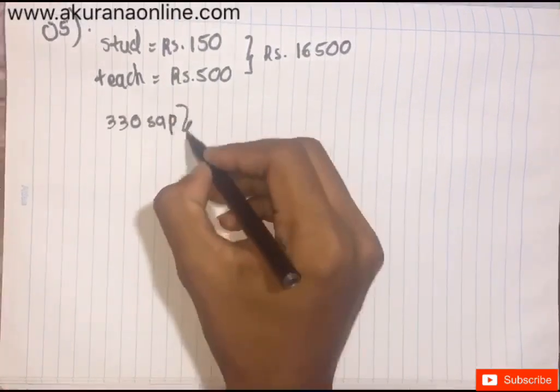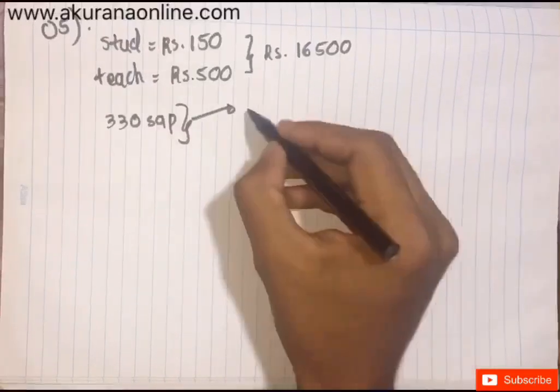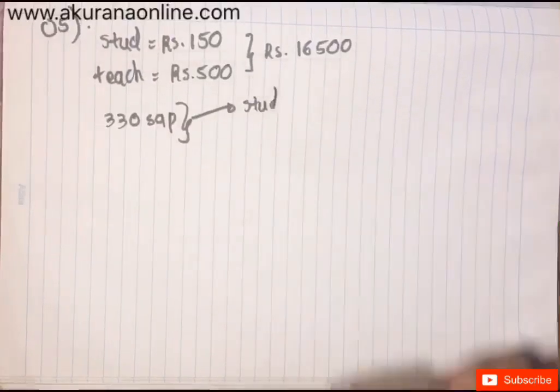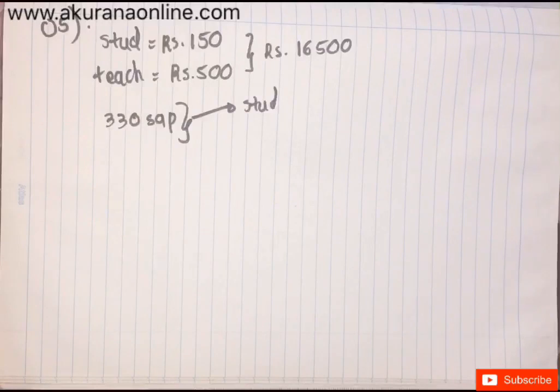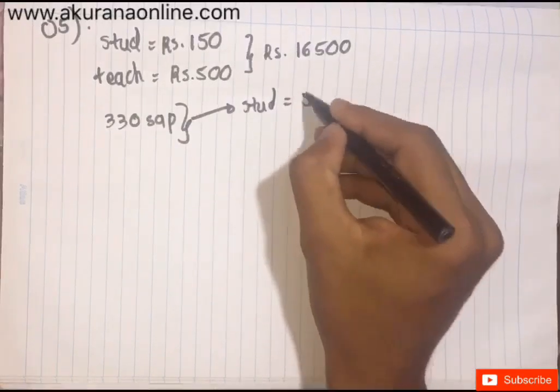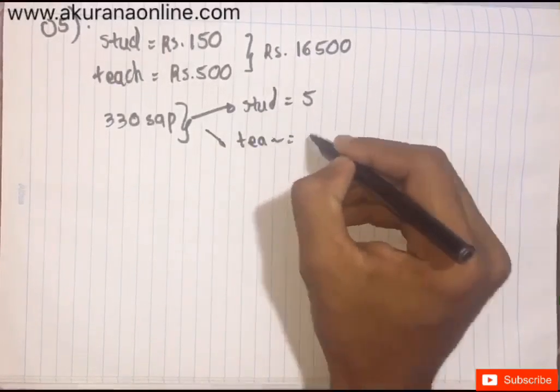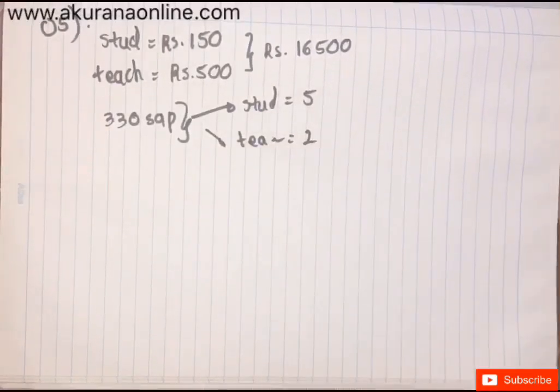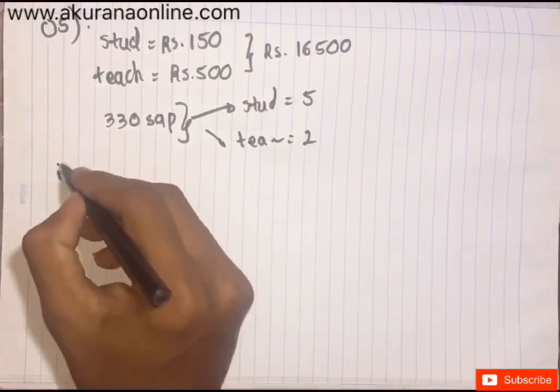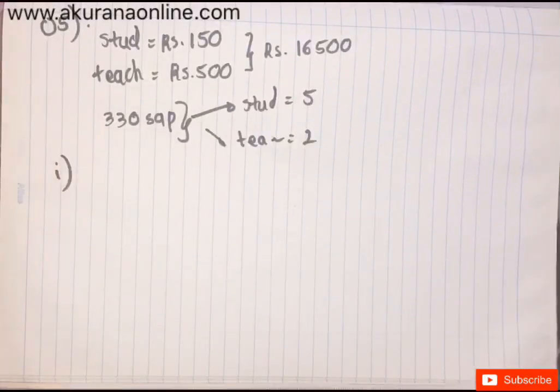This is distributed by giving a student 5 saplings and a teacher 2 saplings. Now the Roman number 1, you have to form an equation. By constructing a pair of simultaneous equations and solving them, find the number of students and the number of teachers.